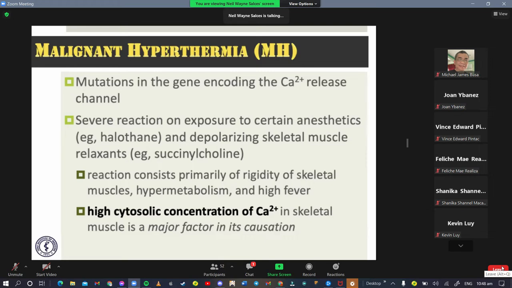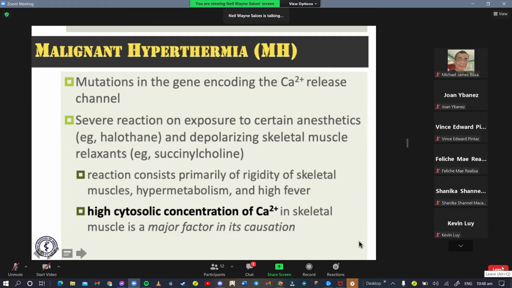This reaction consists primarily of rigidity of the skeletal muscles. There will be hypermetabolism and high fever. The high cytosolic concentration of your calcium in the skeletal muscle is thought to be a major factor in the causation of malignant hyperthermia.